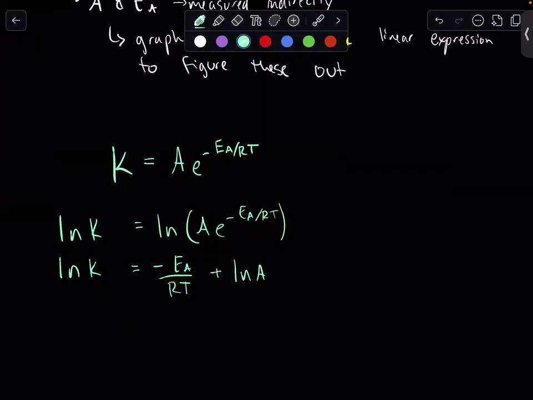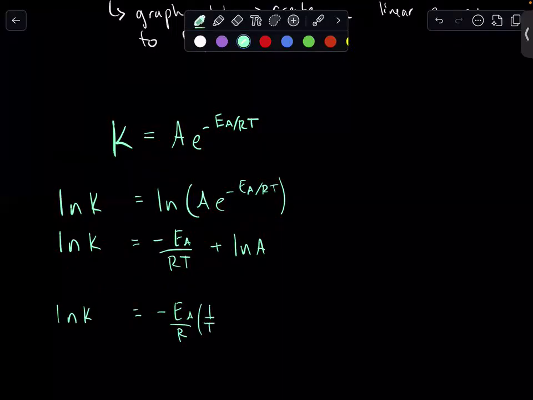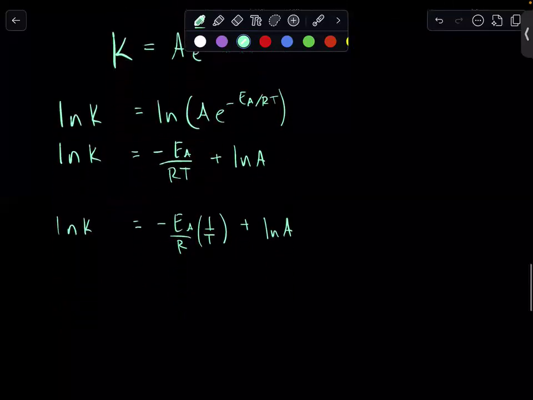So we can then take this one step further and pull the inverse of T out of this, creating ln K is equal to negative EA over R times 1 over T plus ln of A. Now, if we look at this very carefully and we play a little pretend: ln of K is y, negative EA over R is m, 1 over T is x, and ln of A is b.